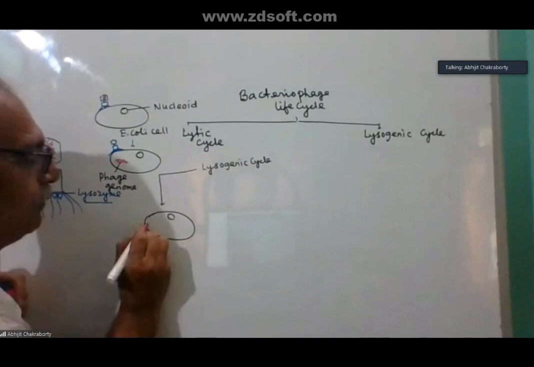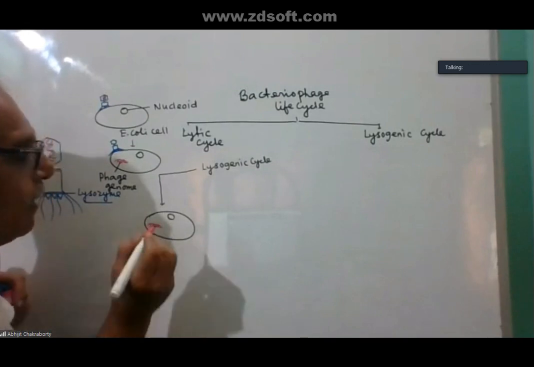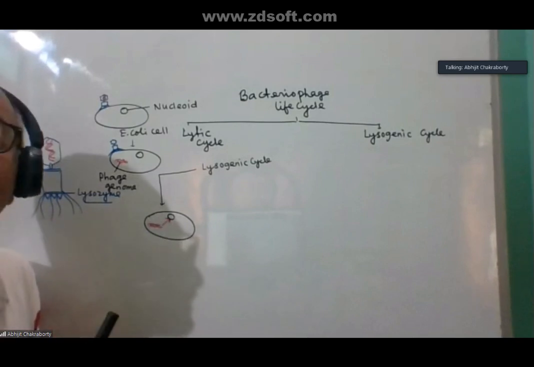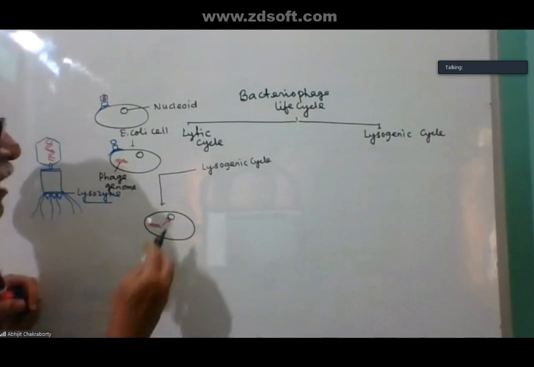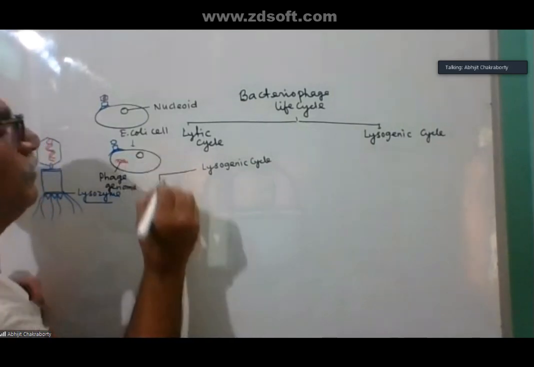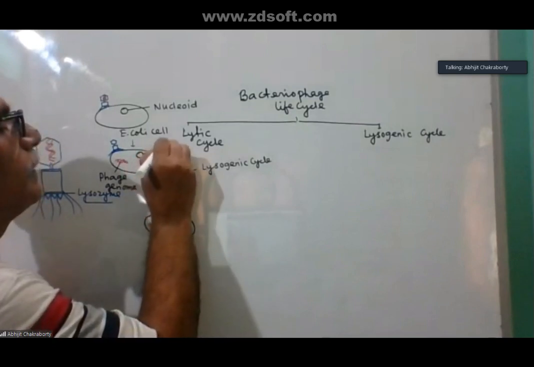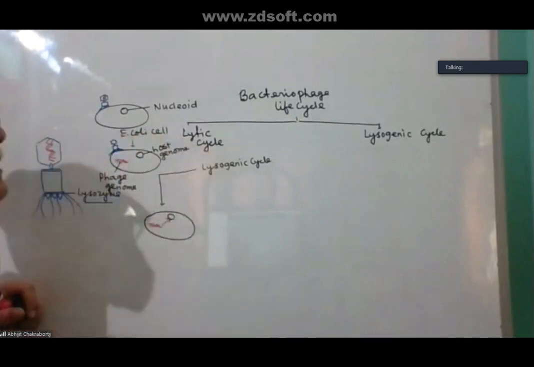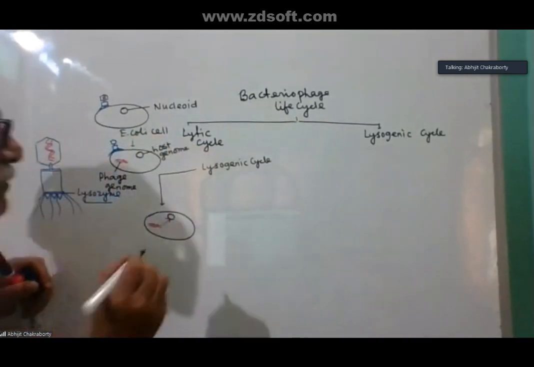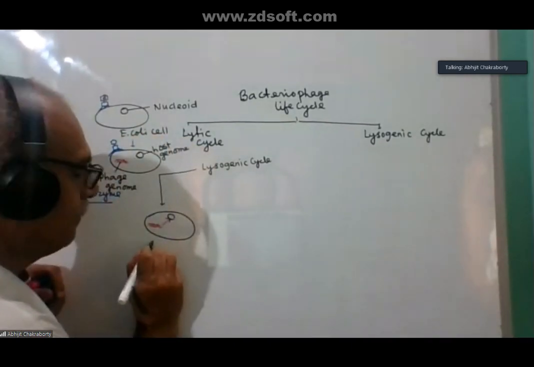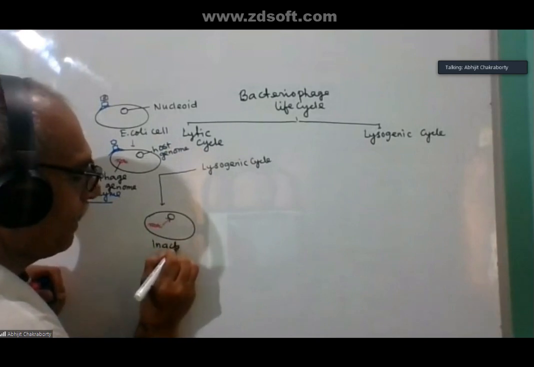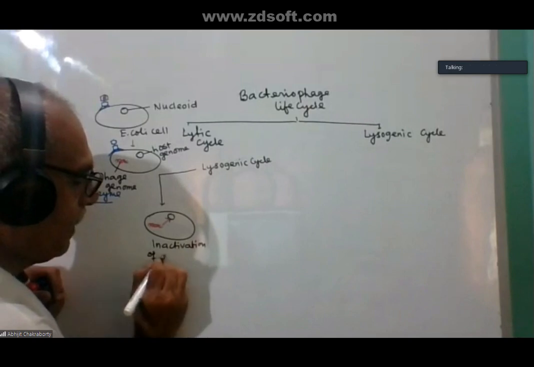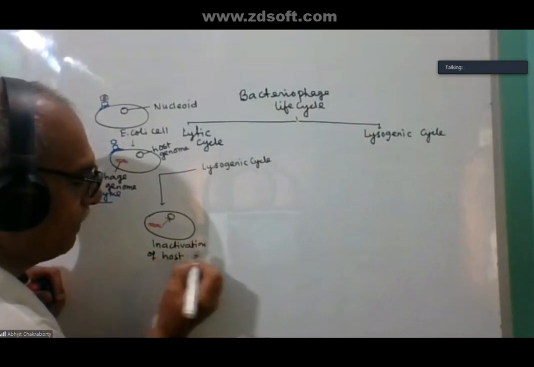This is the phage genome. It is to inactivate the whole genome. This is the whole genome, you can write. Nuclear and genome, same thing. So this step is the inactivation of host genome.